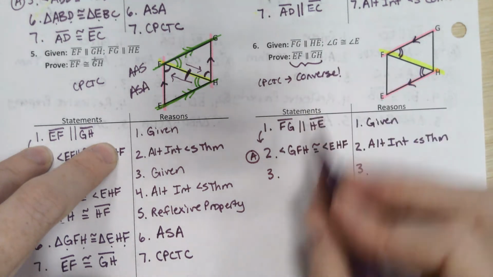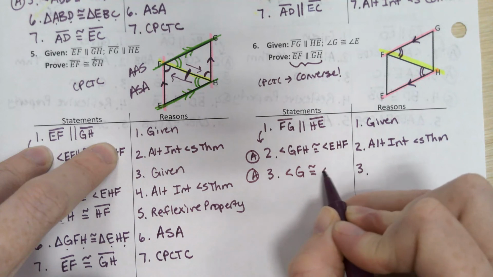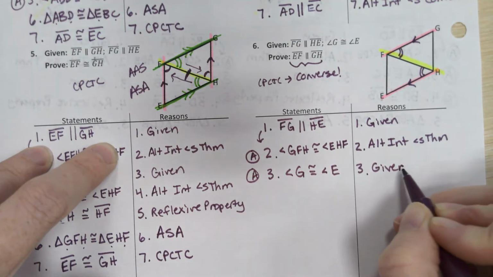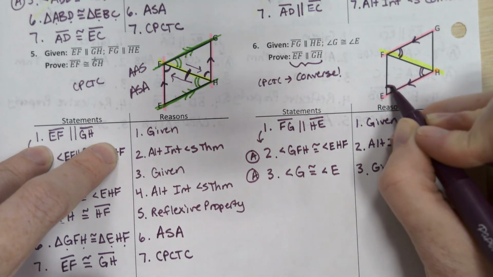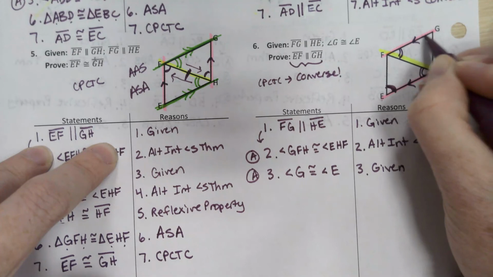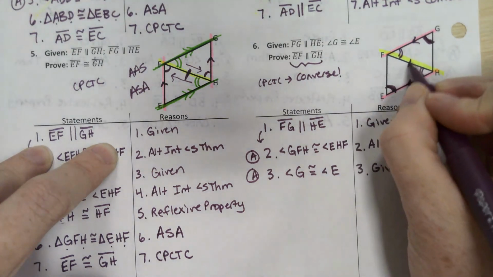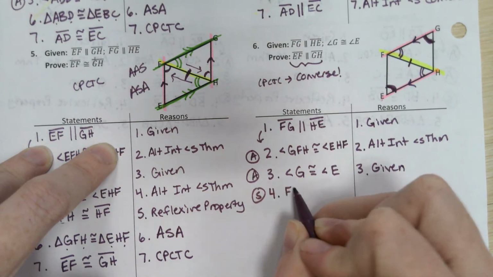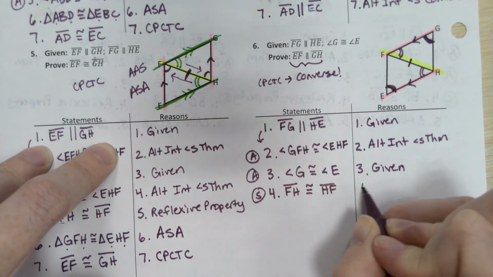Moving on to my next given, it looks like I'm going to have more angles out at angle G and angle E. Still have a reflexive property option for a side. Side FH is going to be congruent to HF.